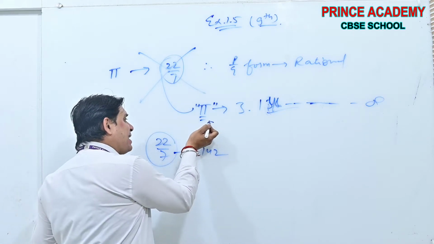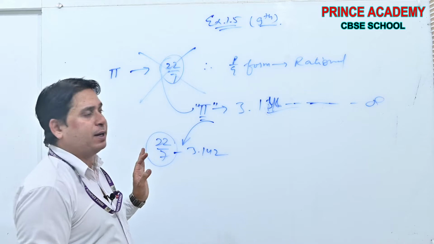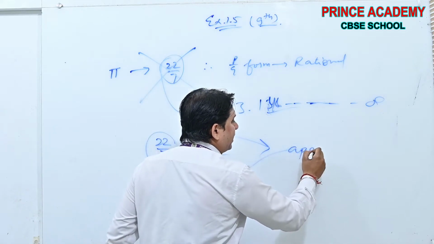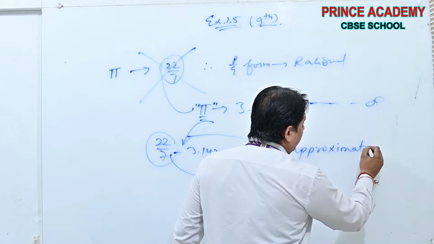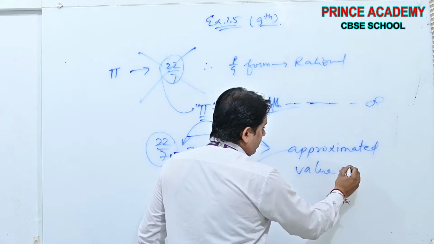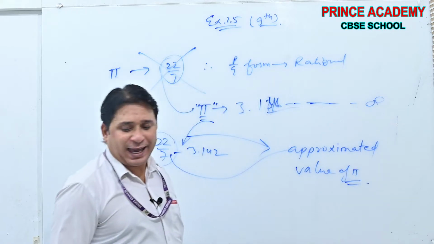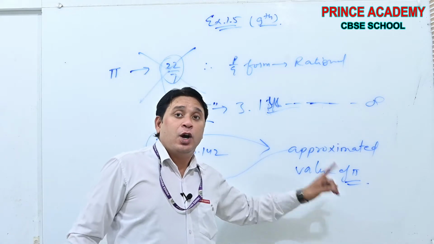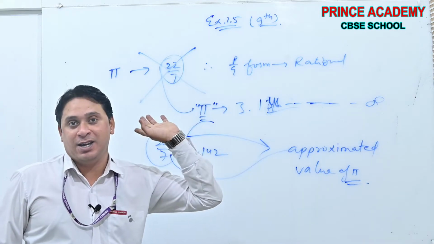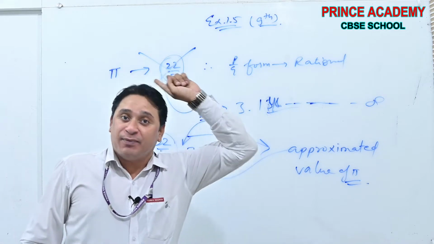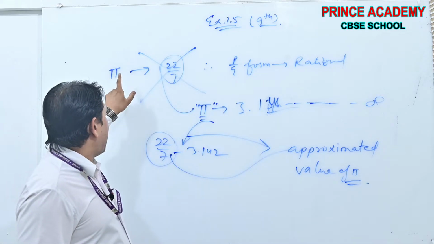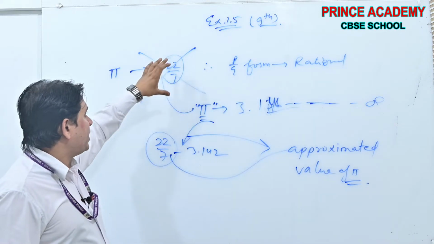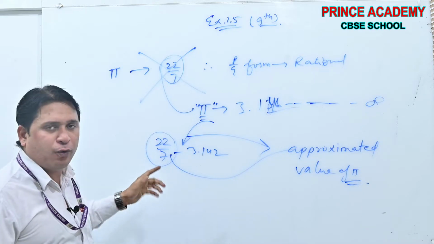That's why we represent it as 22/7, but this is beta, 22/7 is an approximated value of pi. This is the approximated value of pi, not exactly pi. That's why pi can't be rational, because 22/7 is rational, because p by q form is here.